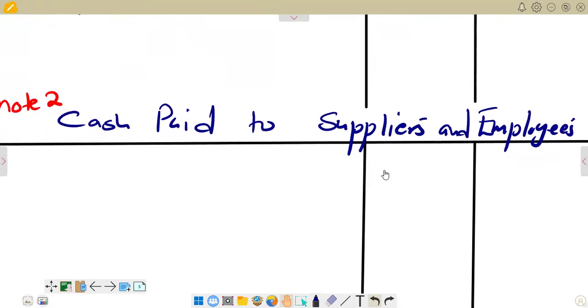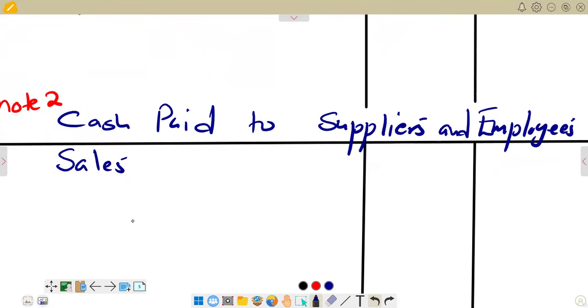So remember, in this note, we are going to start with the sales figure, and the sales figure will always start as a negative. Then we are going to add our profit for the year. So if you add our profit for the year, you are going to get your expenses balance.